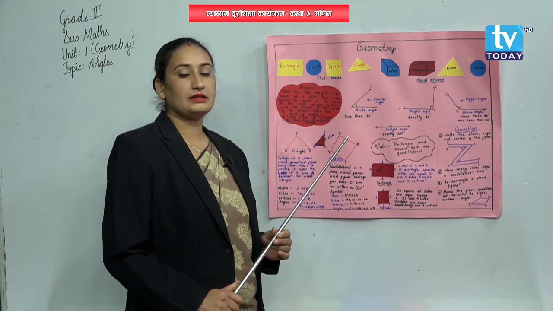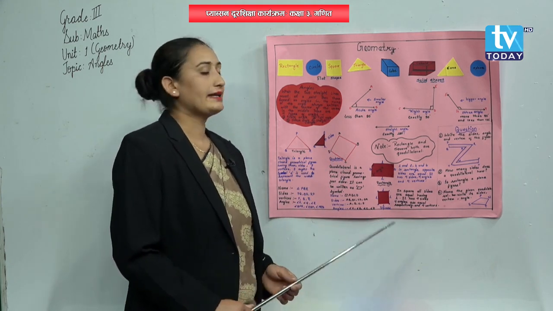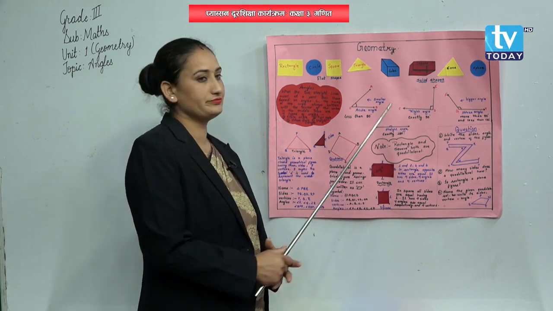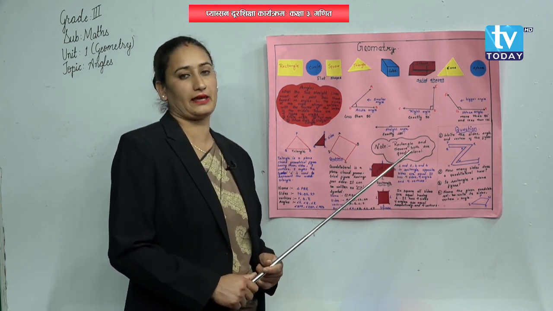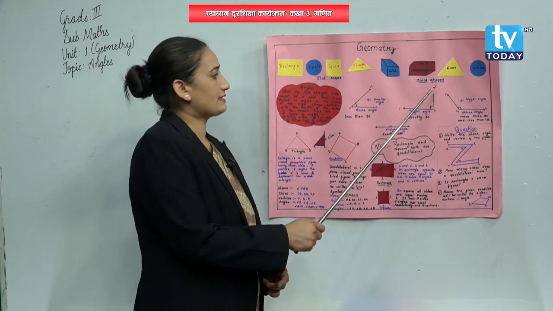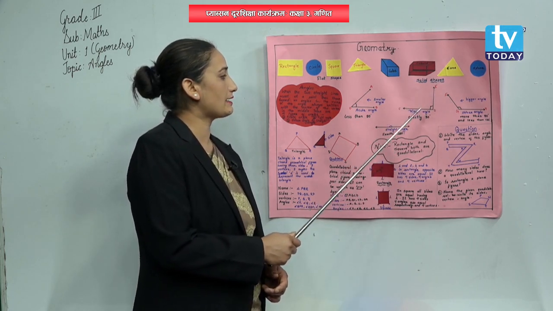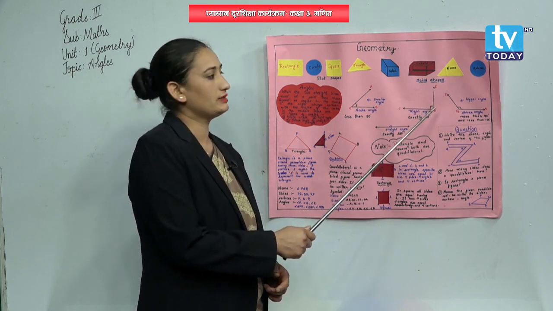Then let's move to the next one, the right angle. Have you noticed the right angle here? In the right angle also the same thing happens. See here, this is one straight line, this is another straight line, and in the middle they form one angle, right?